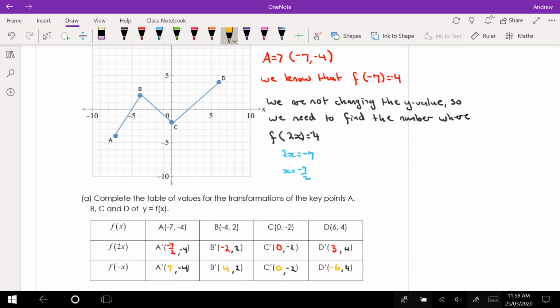So now we're going to want to plot all of these values. -7/2, that's in between 3 and 4, so it's going to be there.